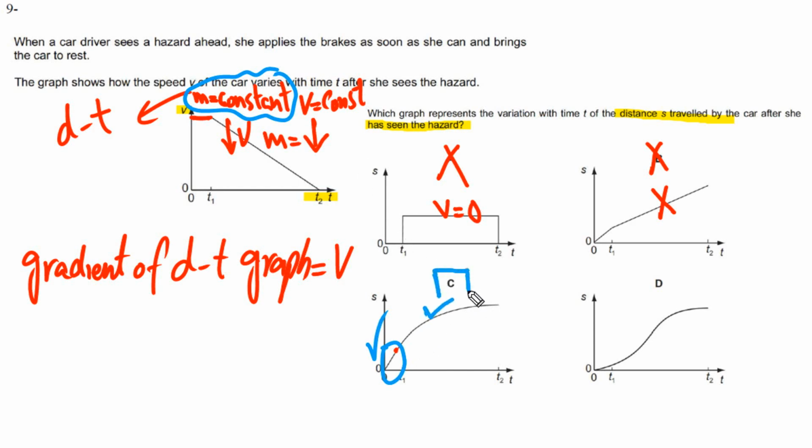So this can be our answer. Let's also look at option D now. As you can see, the gradient is constant and then increasing, so this is not a possible answer. So our best possible answer for this question is C.